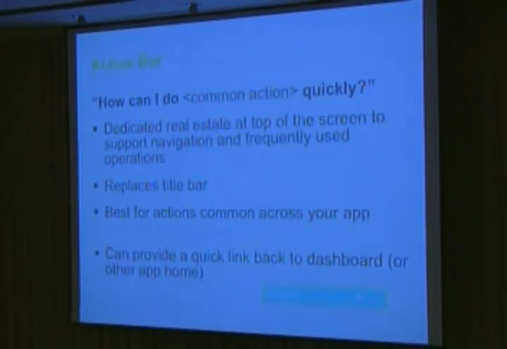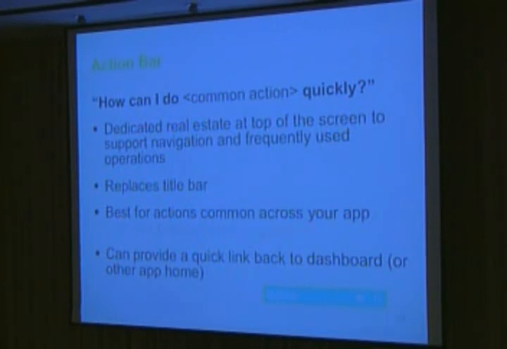The next pattern I'm going to talk about is the action bar. The action bar is used to address the question of how can I quickly do some common action in the application. It has dedicated real estate at the top of the screen, and is used to support some navigation and some frequently used operations.